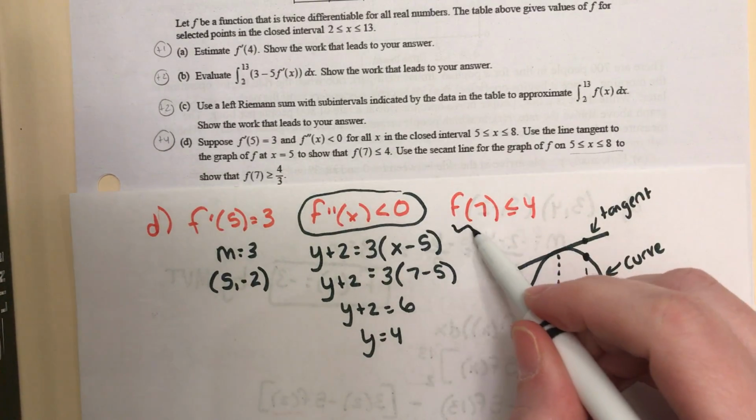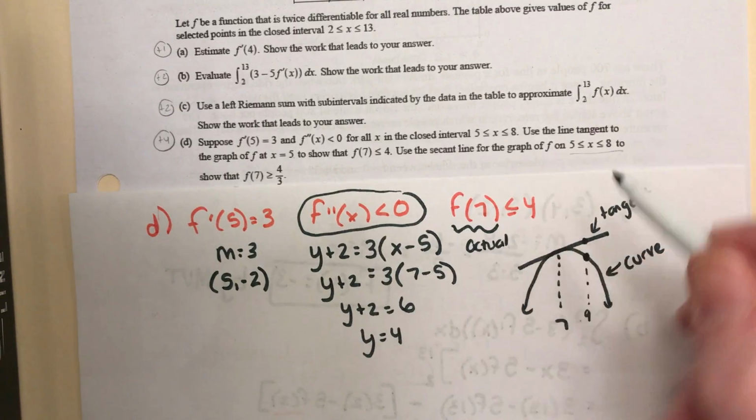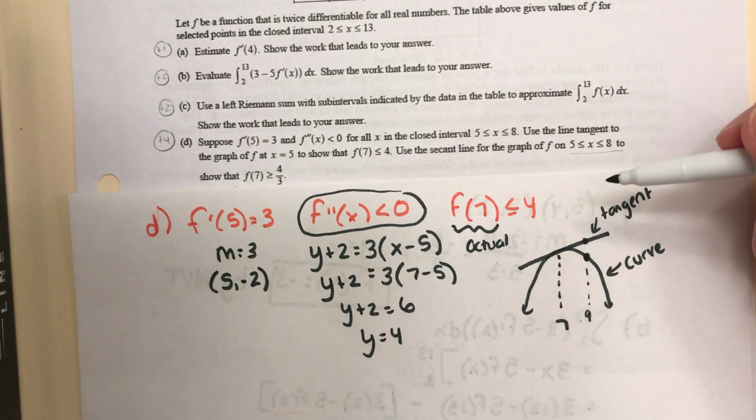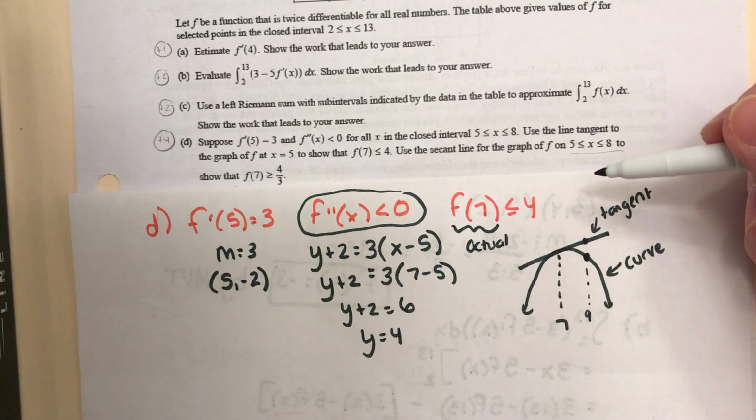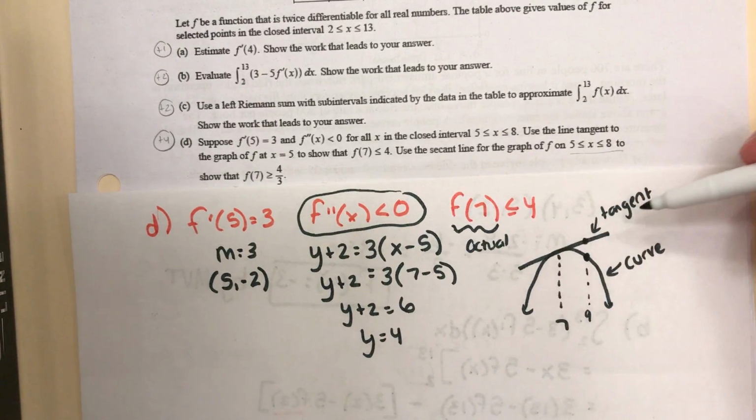So f of 7 is our actual answer. 4 is the value that we're proving it's less than or equal to. So it has to be less than or equal to 4 because the curve is actually under the tangent line.